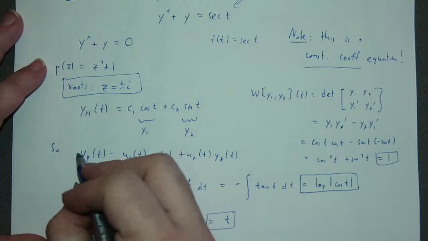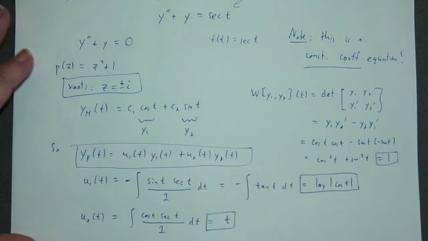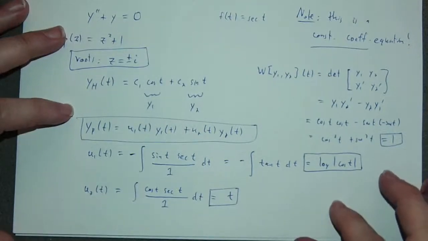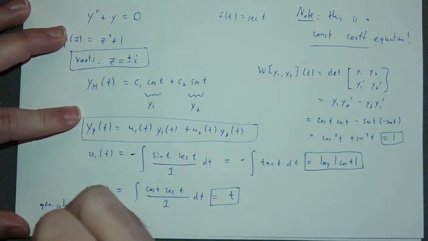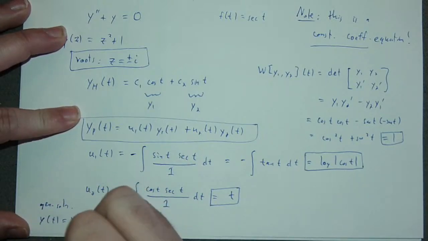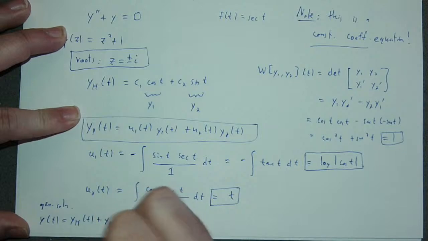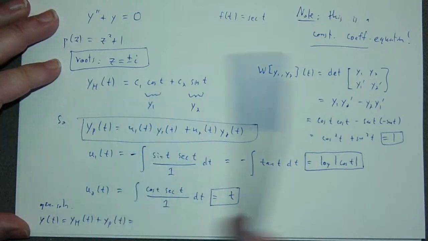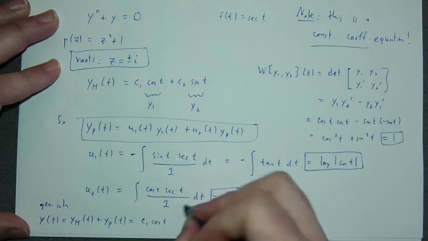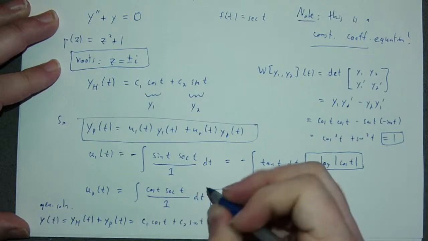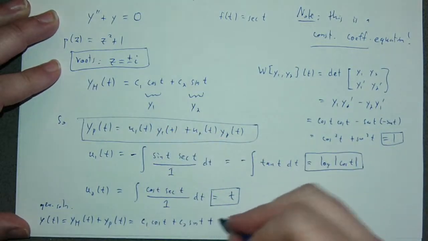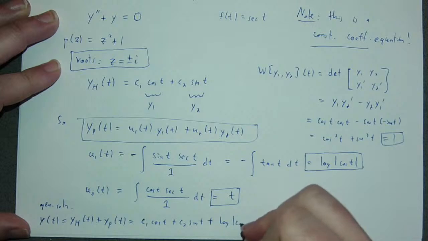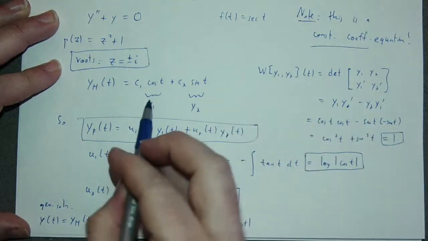So here is my particular solution with u1 and u2 plugged in here. So my general solution is y of t, which is the homogeneous part plus the particular solution. The homogeneous part is c1 cosine t plus c2 sine t, plus log of absolute value of cosine t times y1, which is cosine t.